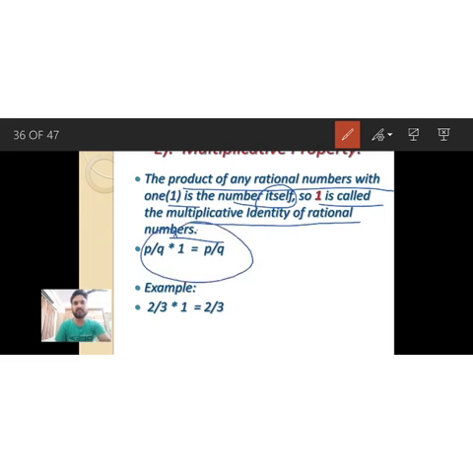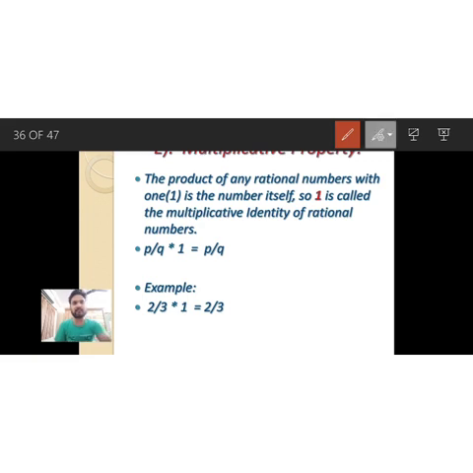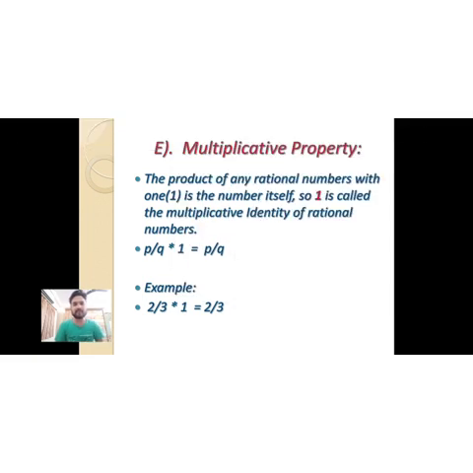Here p upon q multiplied by 1, the answer is p by q, means 2 upon 3 into 1 is 2 upon 3. As we all know the tables, 2 ones are 2, 3 ones are 3, 7 ones are 7, 8 ones are 8. In the same way, any rational number multiplied by 1, the answer is the number itself. This is the multiplicative identity property.